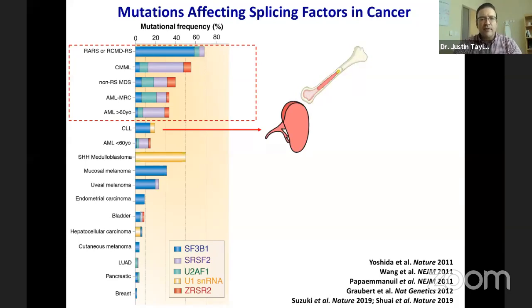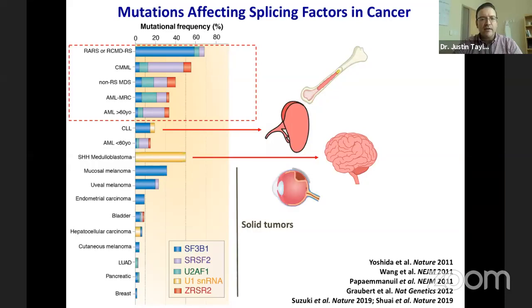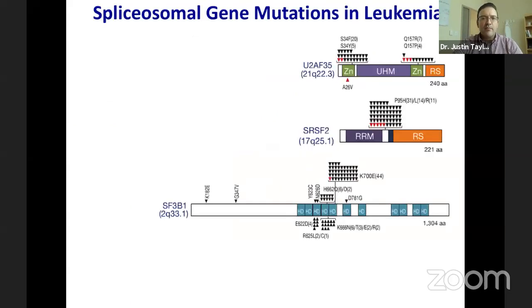However, they've also been identified in CLL, which is a lymphoid malignancy, recently in medulloblastoma, which affects the brain, and in a number of other solid tumors, although less frequently. Probably the most frequent is a type of melanoma called uveal melanoma, which affects the eye.